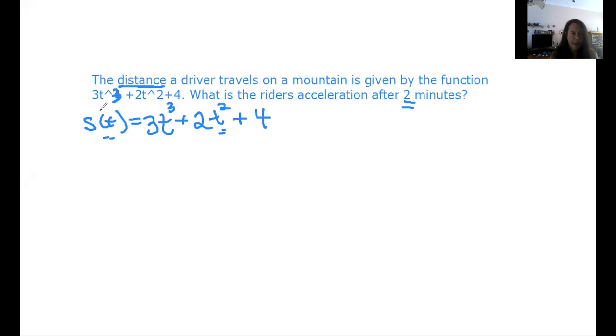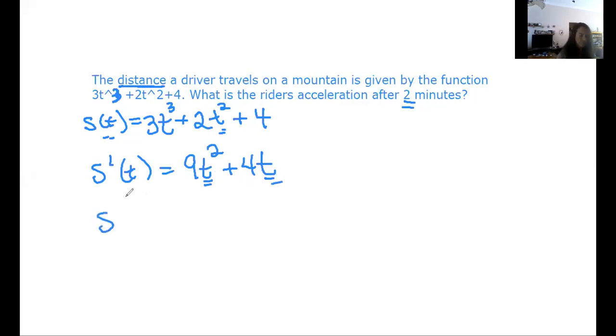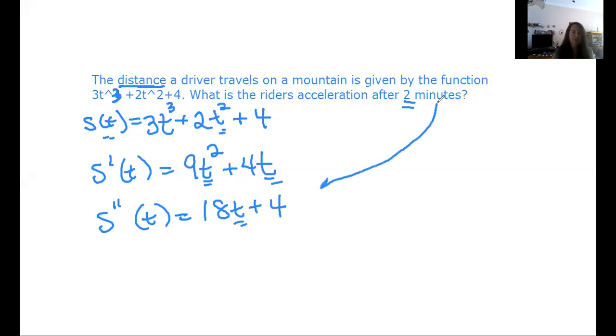All right, so now let's redo our first derivative, and that's 9t squared plus 4t. Now, if I wanted to know the velocity at a certain time, I could plug in that time they give me. But they want the acceleration. So that's going to be 18t plus 4. And they want the acceleration at t equals 2 minutes.